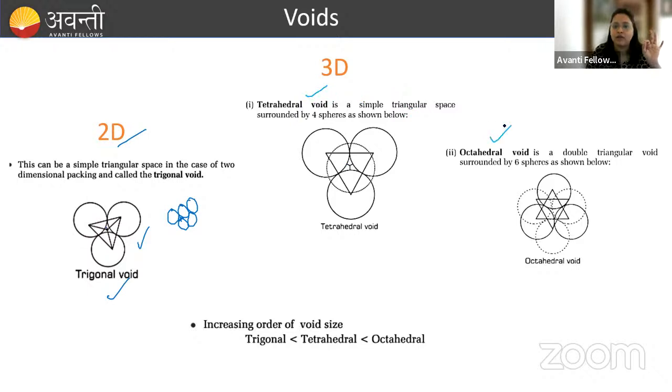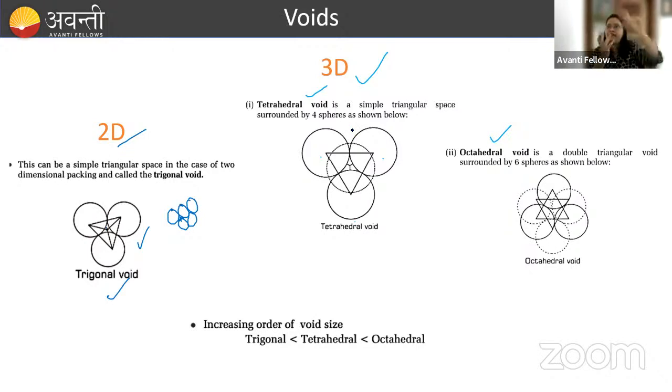Here you can see what has happened. Tetrahedral voids and octahedral voids are formed during the 3D overlapping or 3D arrangement of given atoms. So what is a 3D arrangement? On one surface, 1, 2, 3, another arrangement of atoms is placed, and with this there is a formation of a tetrahedral. You know the tetrahedral molecule, with 3 at the base and 1 at the top.